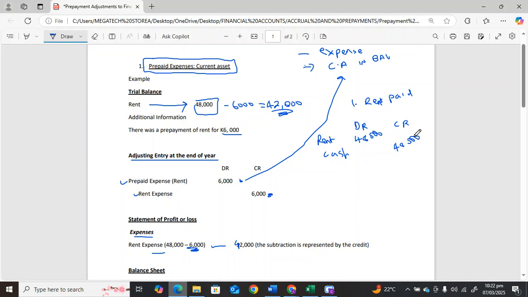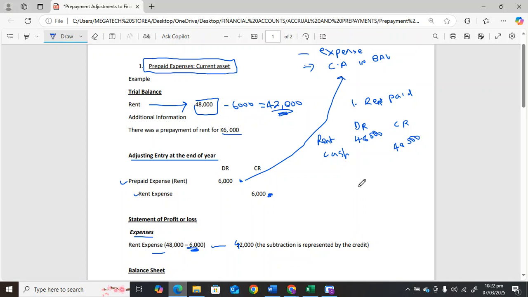When you're preparing your financial statements, you only have to record the expenses that you've incurred. If the expense hasn't yet been incurred, do not record it. When the rent reaches 42,000, it's for a full year; anything above goes over a full year.